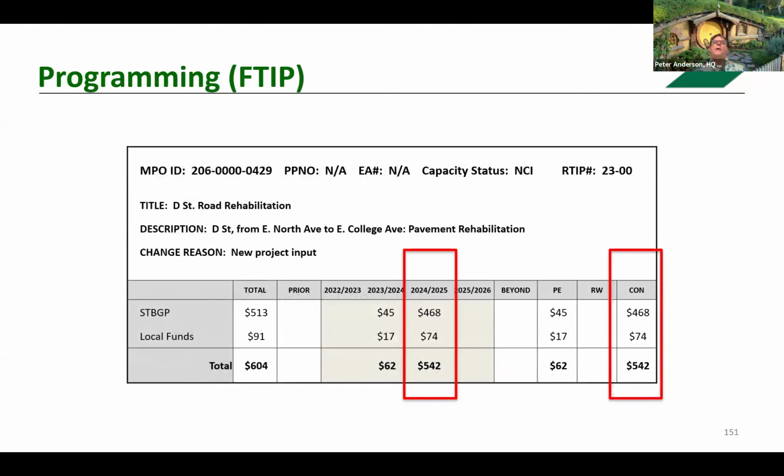Here's our environmental, our FTIP, FSTIP. And even though we're in the 23-24 fiscal year, well, we're at the end of the year, we could advance this project through EPSP, but looking at that, there's 468,000 programmed for construction.